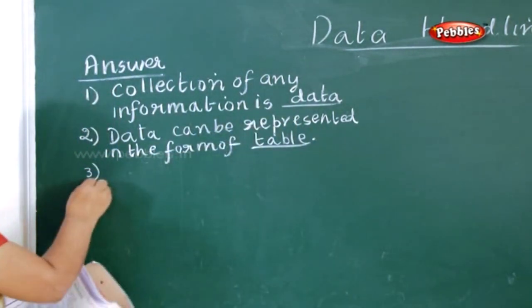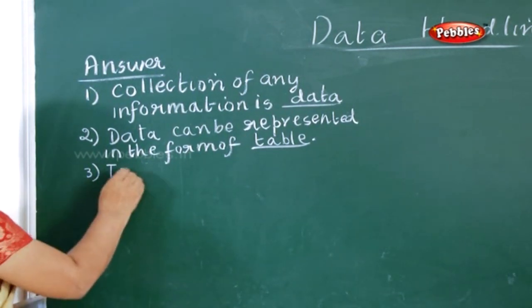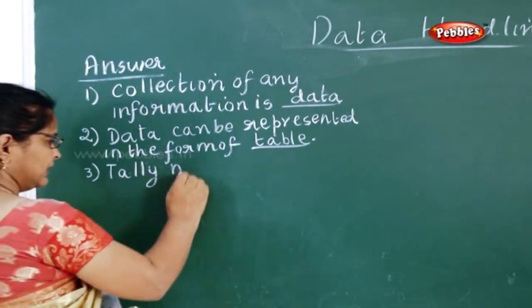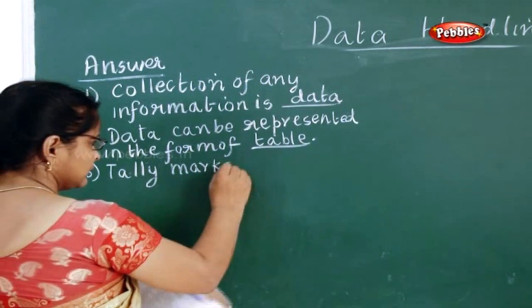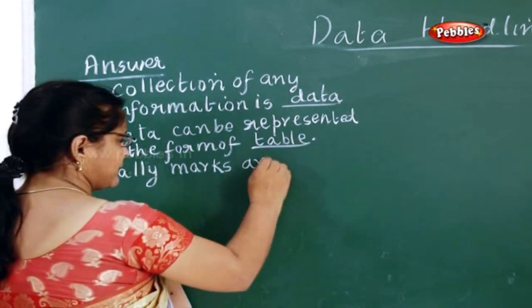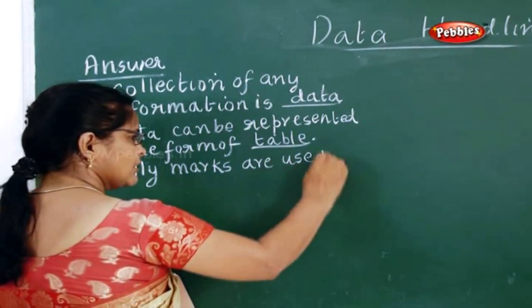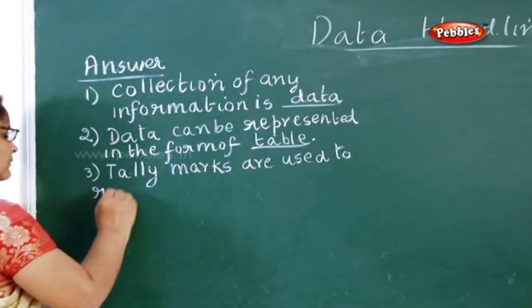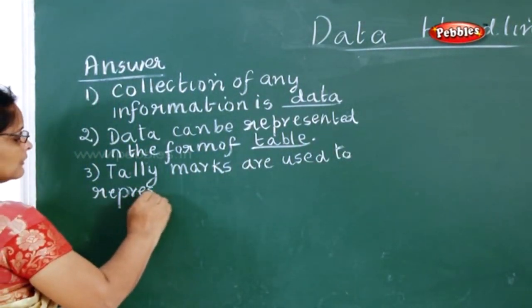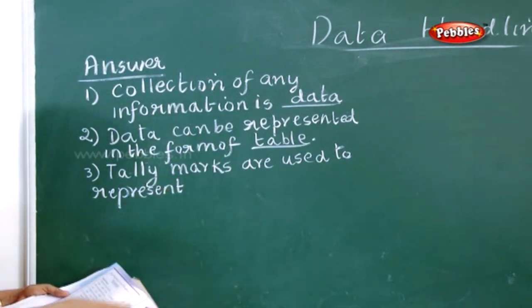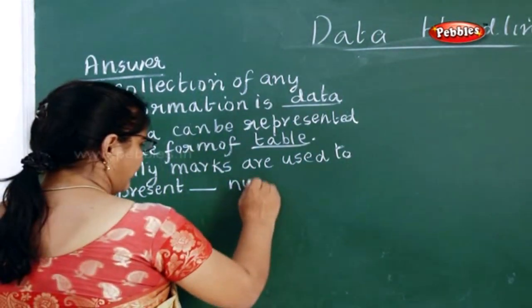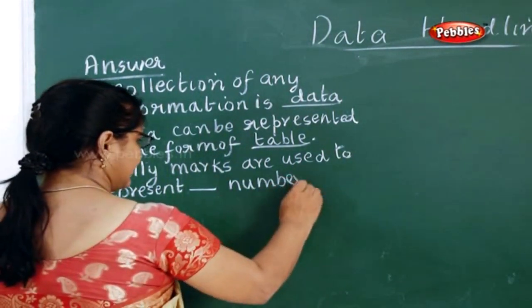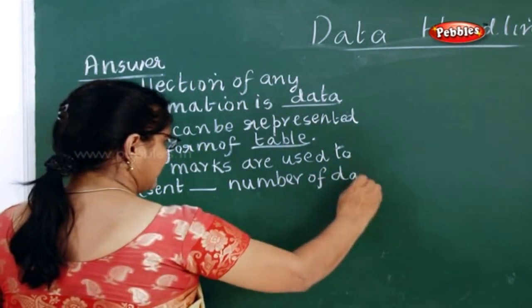Now third question. Tally marks are used to represent dash number of data.